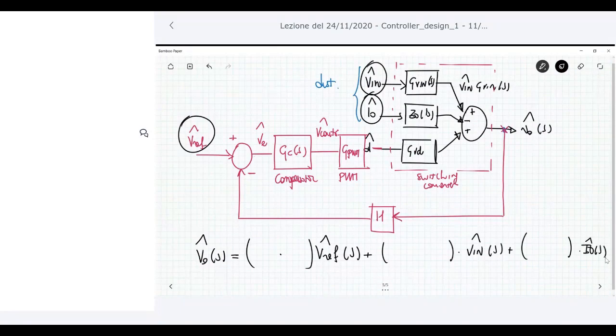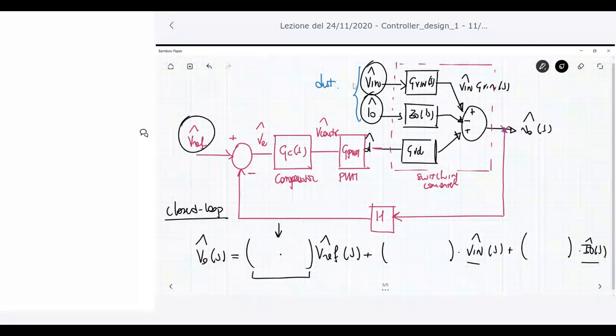Now this is the closed loop description of how the output voltage varies with respect to the variation of the quantities at the input. You can derive, for example, just this Vref term. Of course, in order to derive this quantity, you have to set to 0 Vin and Io, so they are not taken into account.